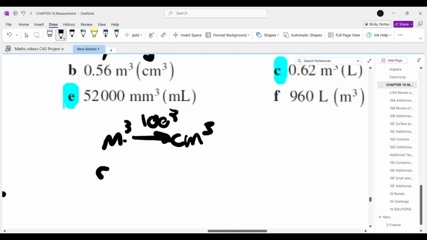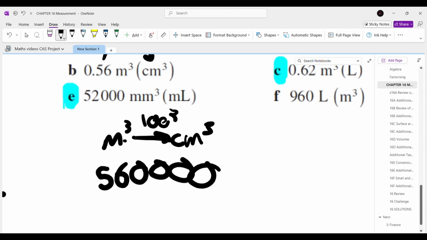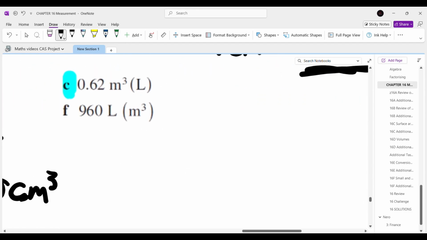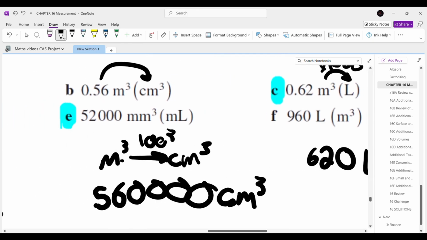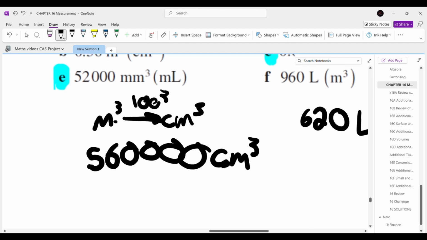So this value here becomes 560,000 cubic centimeters. Then for cubic meters to liters, remember this is multiplying by 1,000, so it just becomes 620 liters.